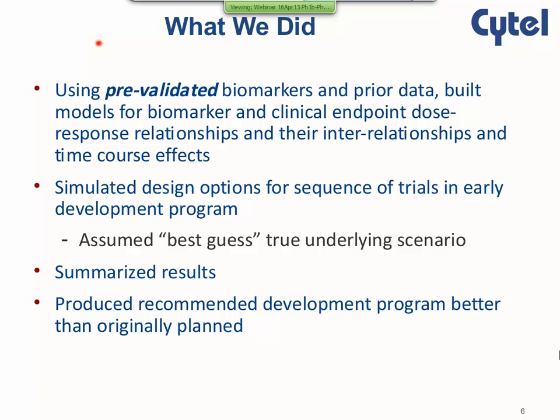We then made our best guess as to the true values underlying that would yield clinically important response, and then simulated design options for the sequence of trials applying the go, no-go criteria. Then we summarized the results and produced a recommended development program that was actually better than what was originally planned. And we'll describe how that worked out later.